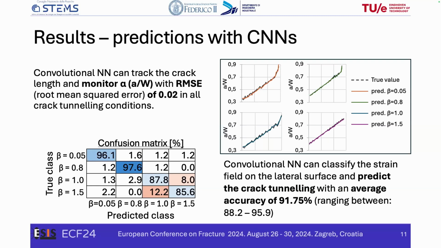The cases with straight crack front and the transition condition are not misclassified with crack tunneling occurring, whereas only the cases with beta equal to 1 and 1.5 show a certain misclassification. However, those are cases where the correction factor is needed.